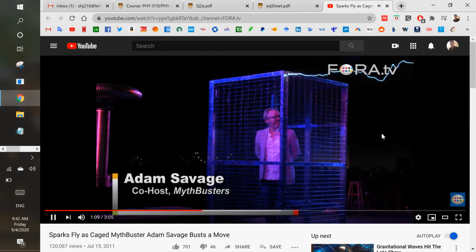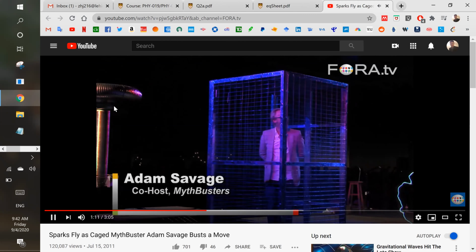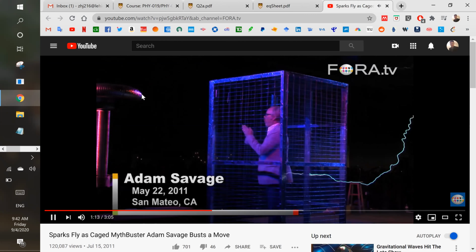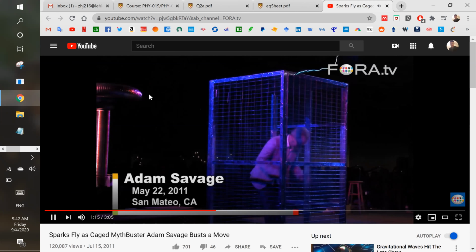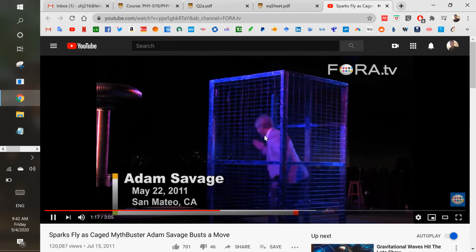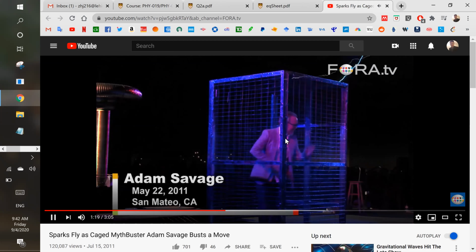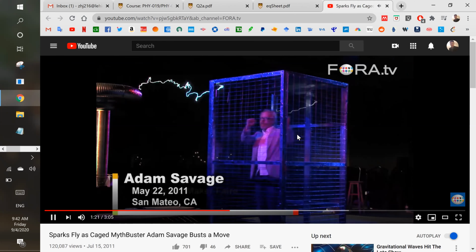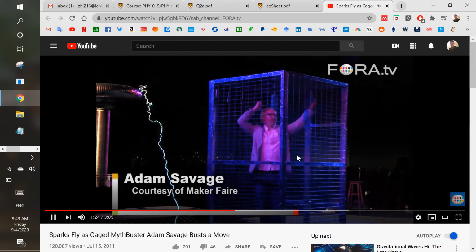This is not a Hollywood movie. It's real lightning, and this generator can generate very large, high voltage lightning, and this guy is protected by this cage. This cage is called a Faraday cage.